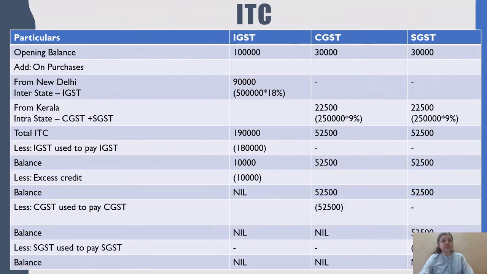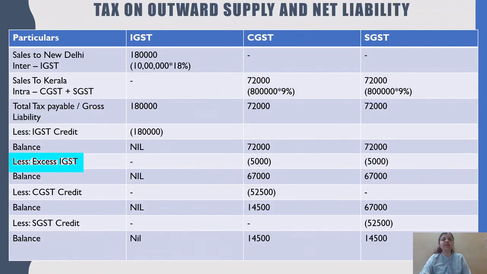The credit which is available under SGST, again the same rule: first we have to adjust to pay off the liability under the same head, that is the liability under SGST only. So this 52,500 will be utilized fully to pay off this tax liability under SGST. The credit of SGST, 52,500, will be utilized against the 67,000 liability, and against the balance, again 14,500 will be payable.